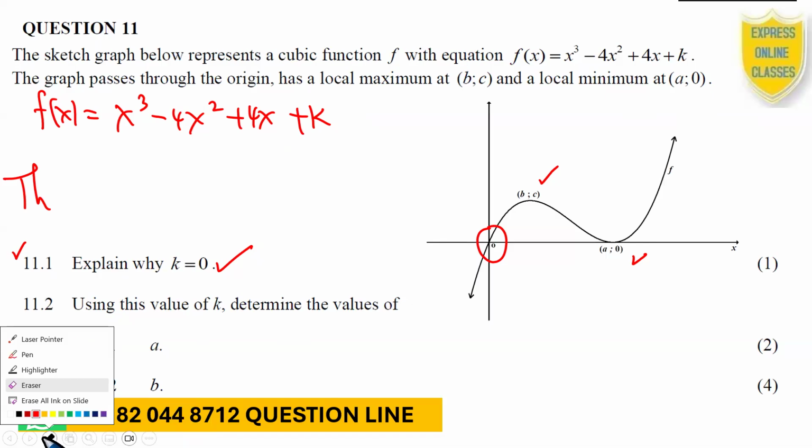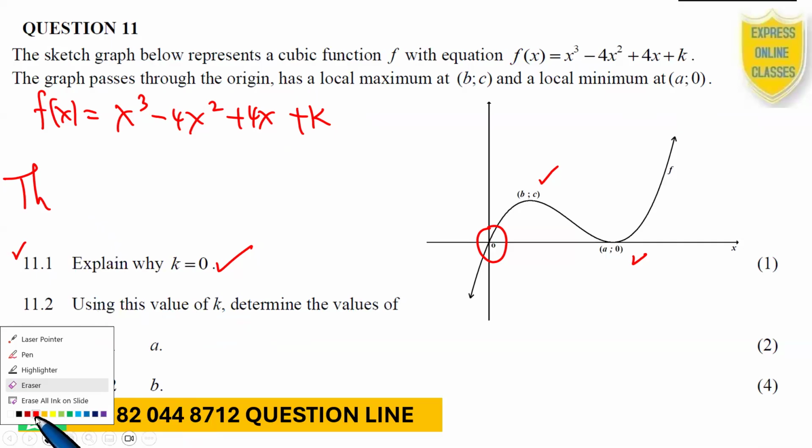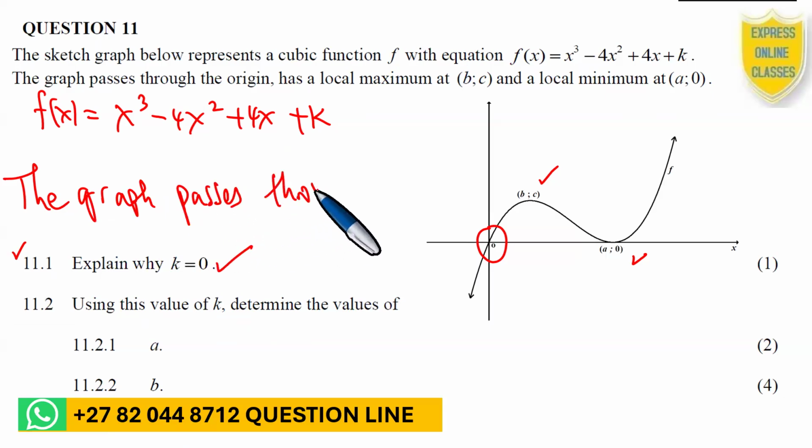So we're saying the graph passes through the origin.